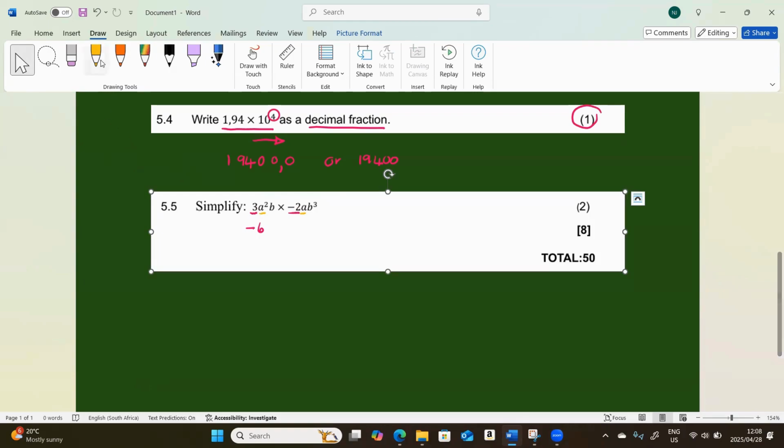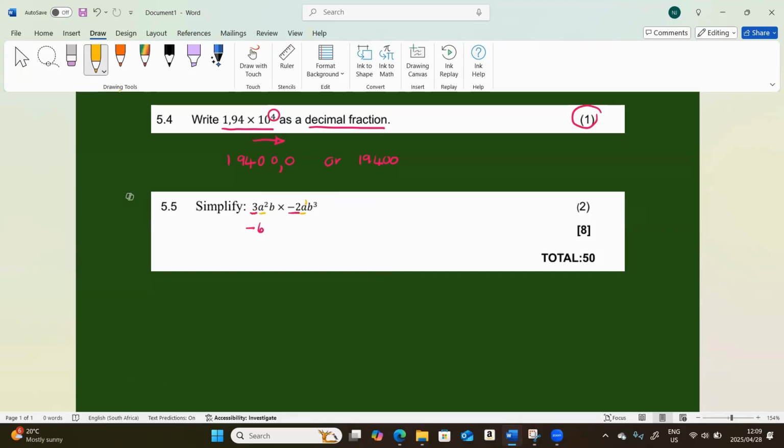Now your laws of exponents need to kick in. When I multiply the same base, because remember A and A is the same base, I need to add my exponents. But what I have to remember is that when I just have a variable itself, it's to the power of 1.